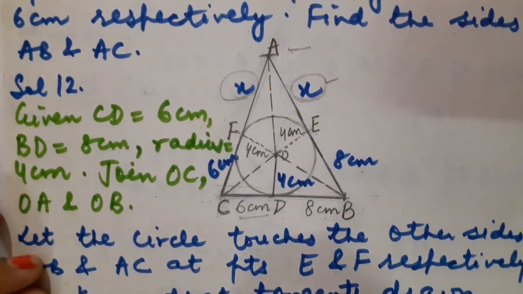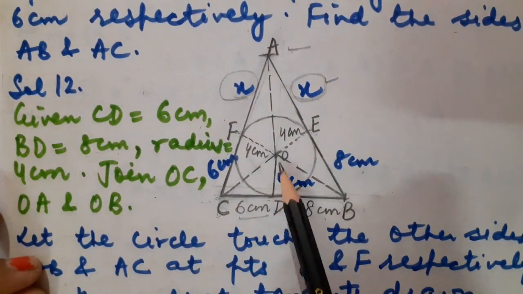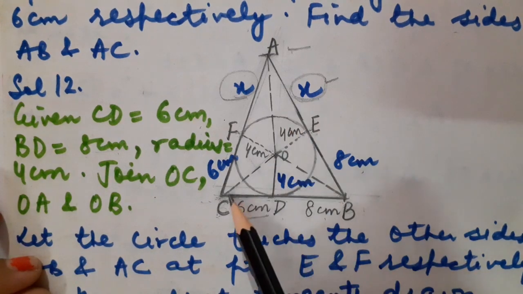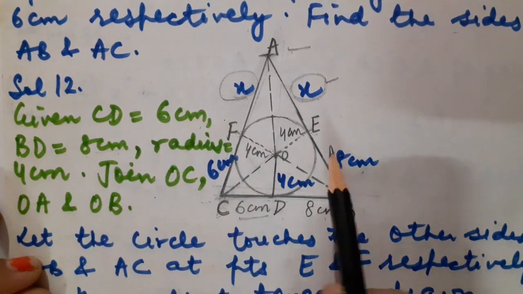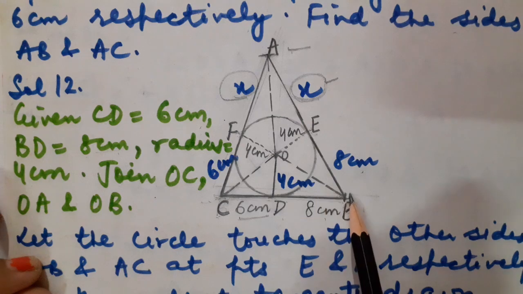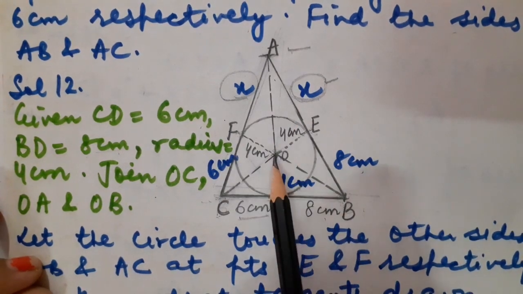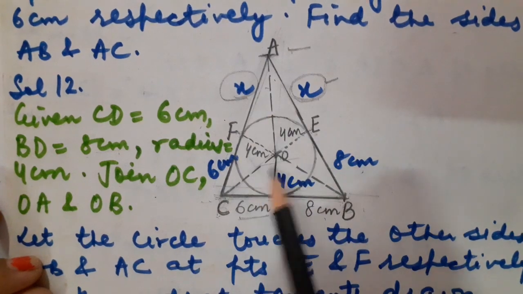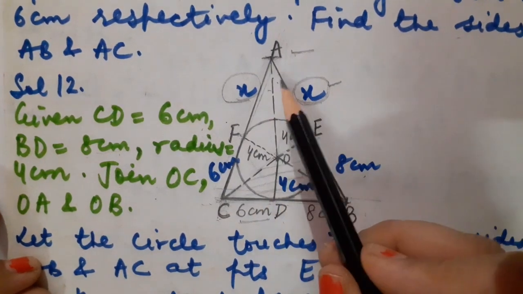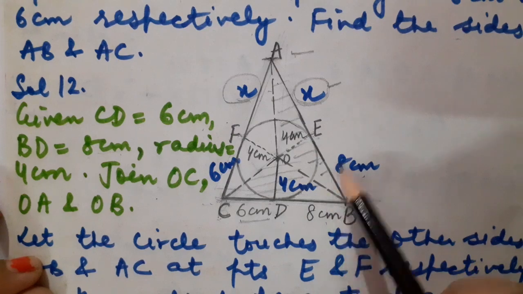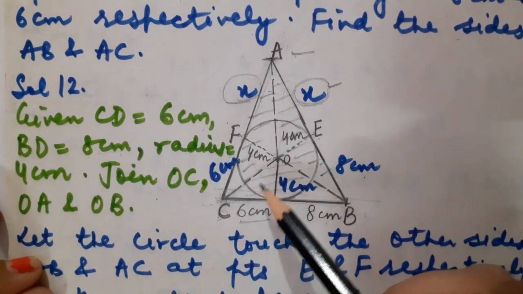Have a look please. When I joined OC, OB and OA, I have got three triangles. Name them please. This is OCB, another one is OAB, another one is OAC. Fine children.